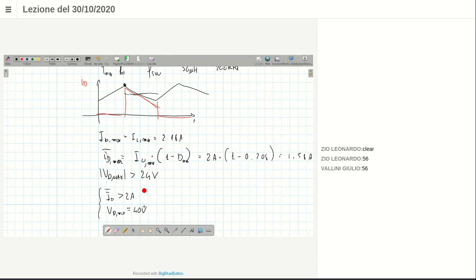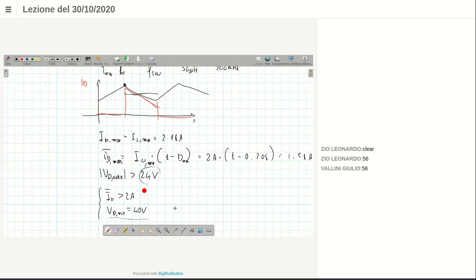Okay, even if this is quite larger than the maximum expected value of the input voltage. This reverse voltage is large, but it's not a very, very large value for a diode.